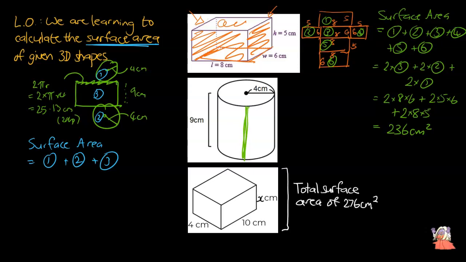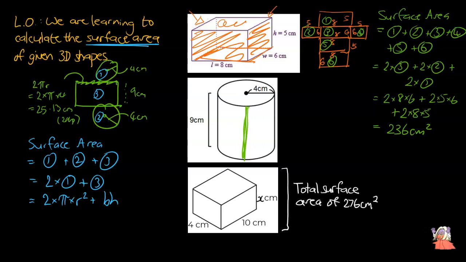We know that 1 and 2 are actually the same, so that's going to be 2 times 1 plus 3. We know that 1 is a circle, so that's going to be pi r squared. So that's going to be 2 times pi times r squared. And we're going to be adding base times height for the rectangle part of it, which is 3.